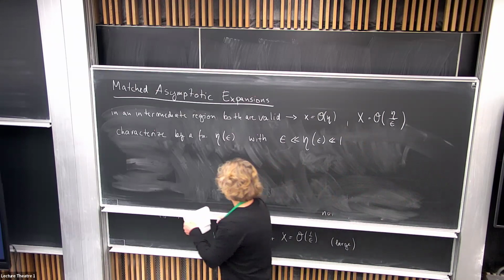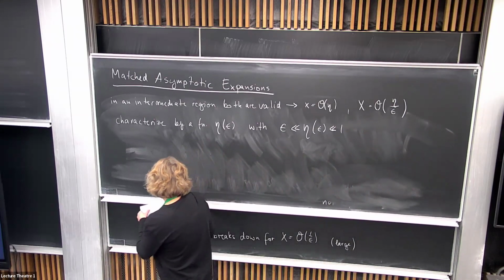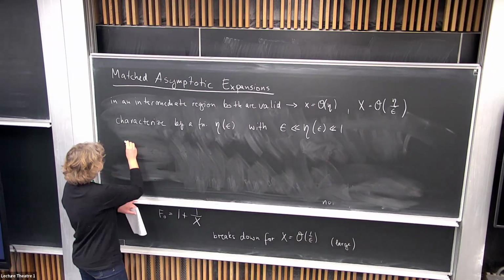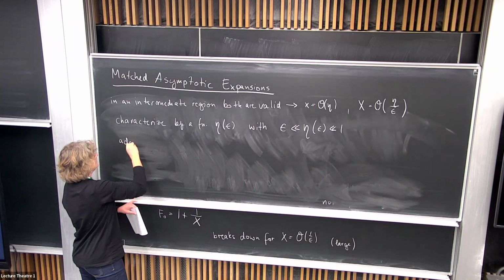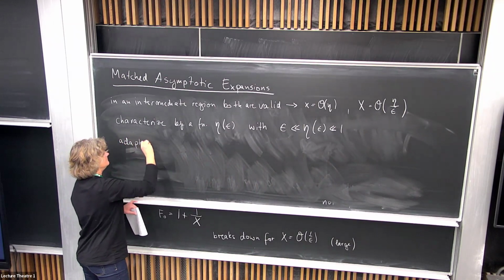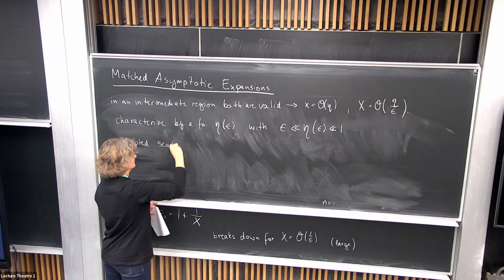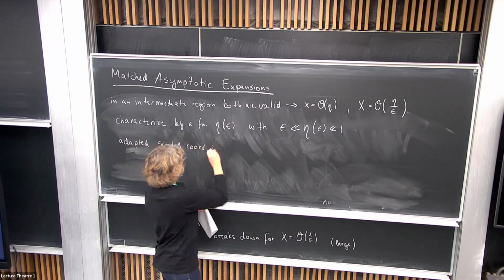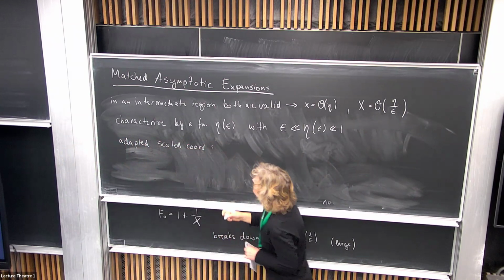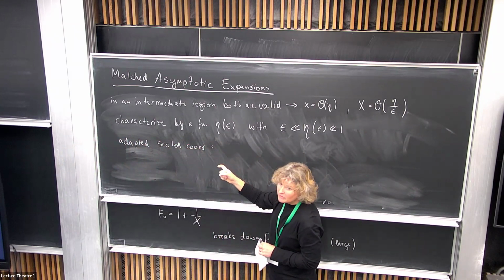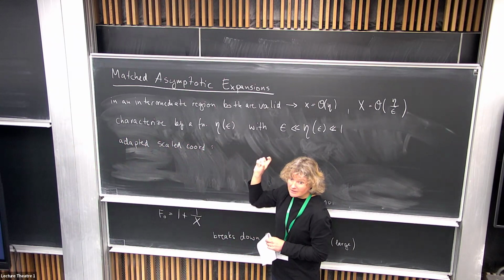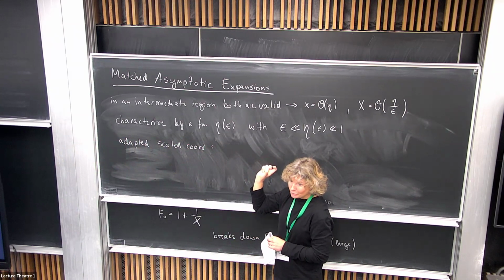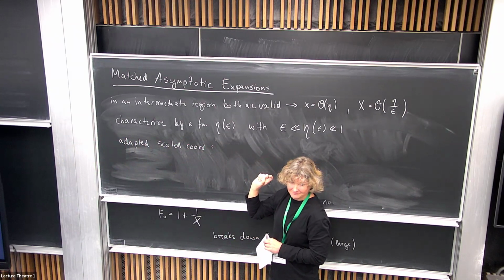And we introduce again an adapted scaled coordinate. This scaled coordinate should again be order 1 in this intermediate region. So what should I choose for the scaled coordinate?